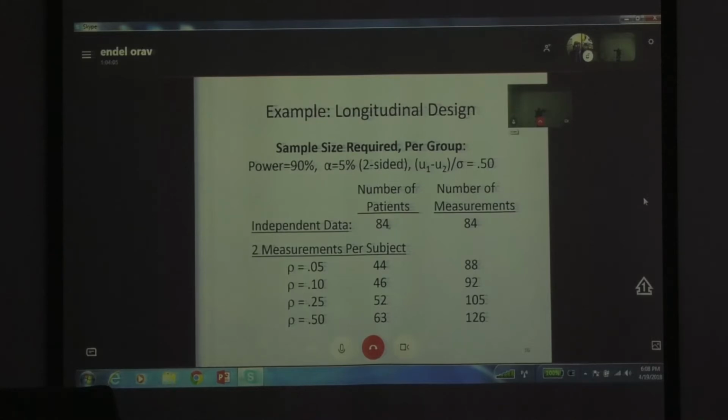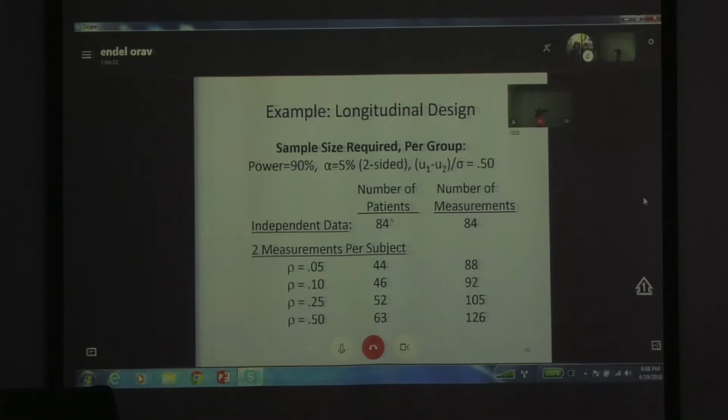So if I wanted to compare the effect of an intervention on blood pressure, measuring blood pressure once per patient, let's say at 1 year, I need 84 people in the treatment group and 84 people in the control group. Each person is measured once, so each of the 84 people leads to 84 measurements.